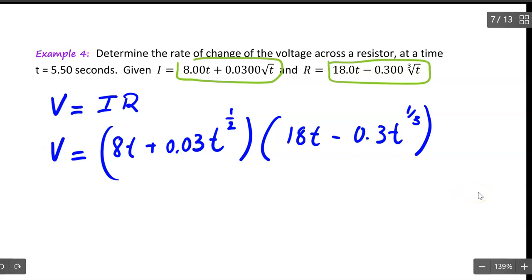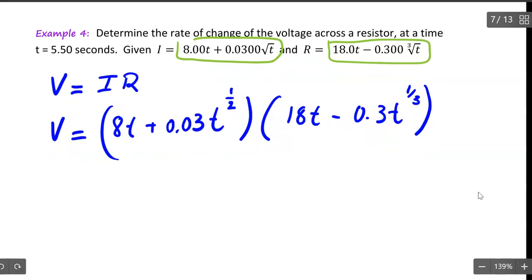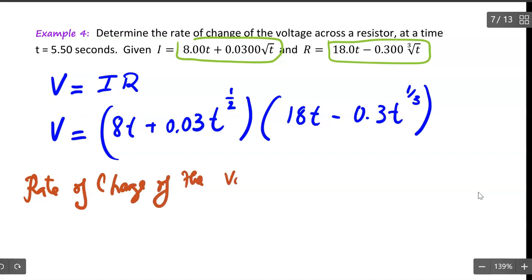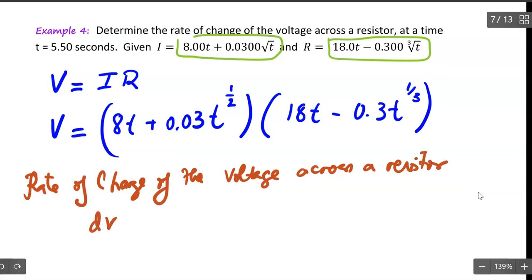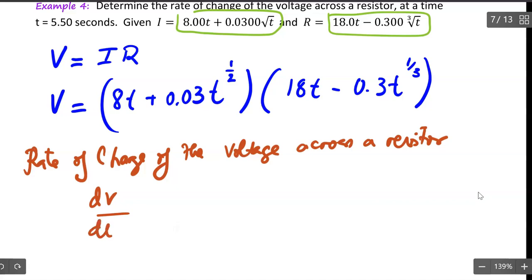Because I want to remind everyone, it is the rate of change of the voltage across a resistor, representing the derivative of V as a function of time.